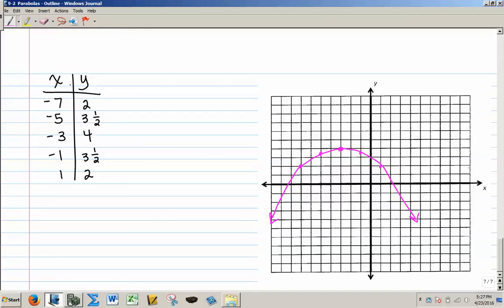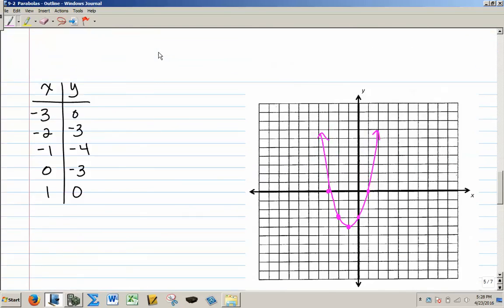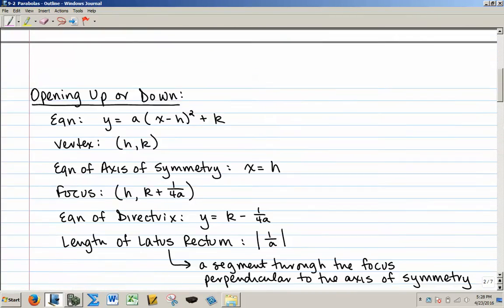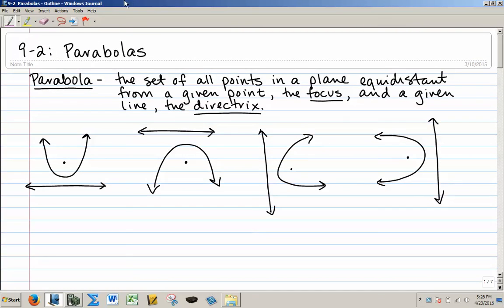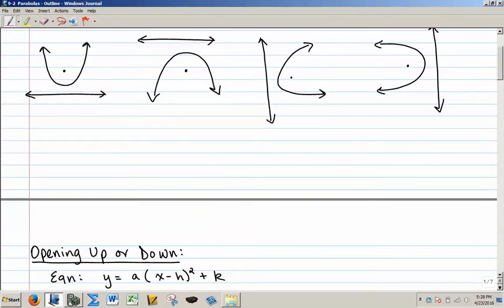Going back to talking about the table here, please do pick values that are going to give you nice numbers. You should be able to graph 1/2, but try a variety of x's until you get something that actually works. So in this lesson, we took a look at what a parabola is: the set of all points in a plane that are equidistant from a given point and a given line.